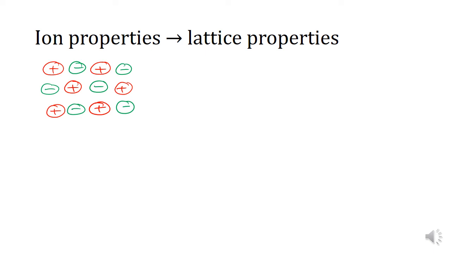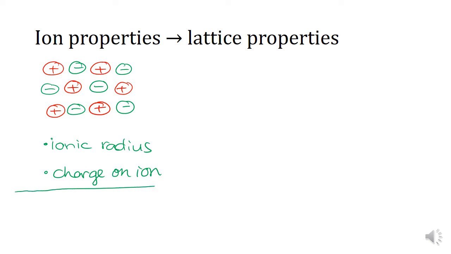So when we talk about the properties of our ions, we talk about ionic radius, and we talk about the charge on the ion. There is one caveat to all of this that I will discuss at the end, but these are linked to the properties of our lattice.